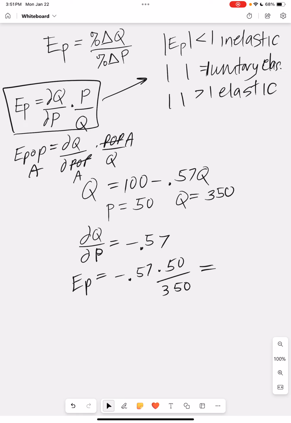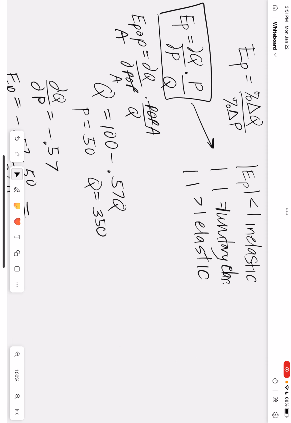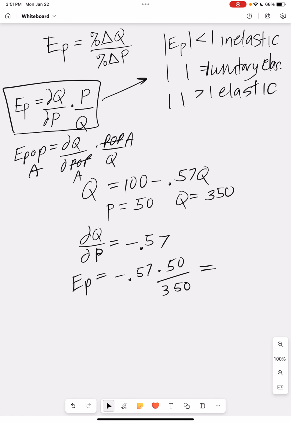Do that math, getting my calculator out here, and this would be negative 0.0814. And since that absolute value is less than 1, demand in this case would be inelastic.